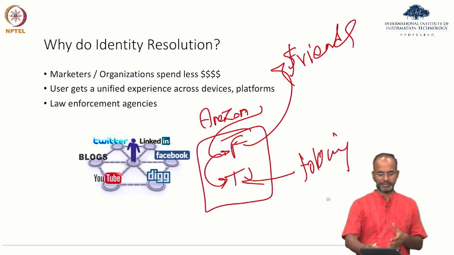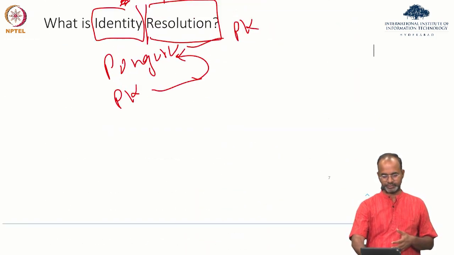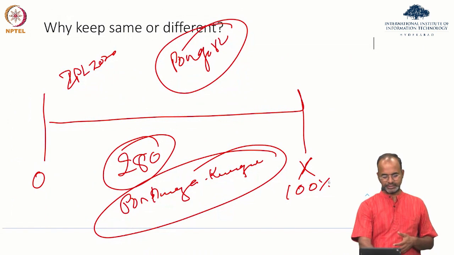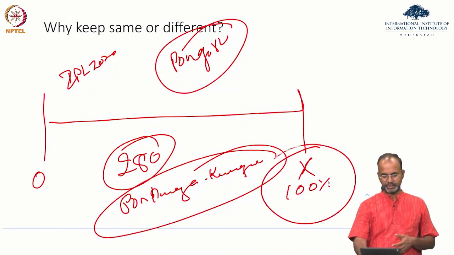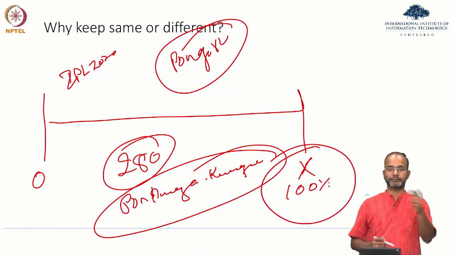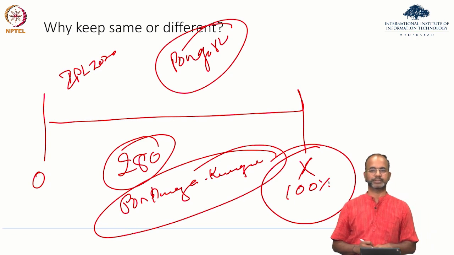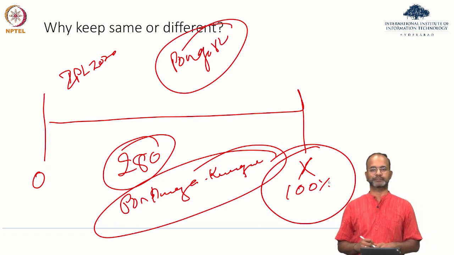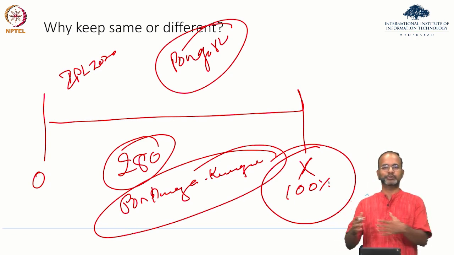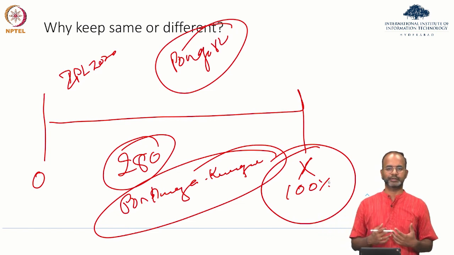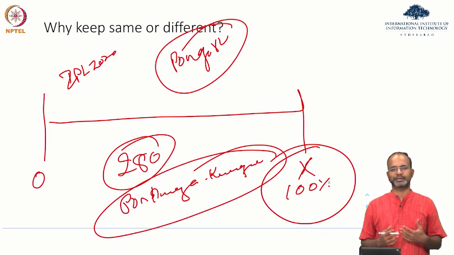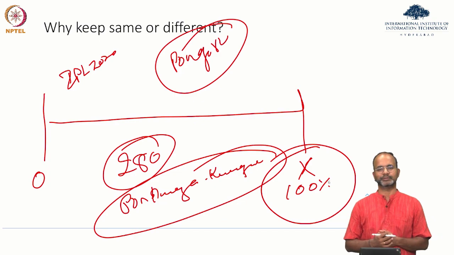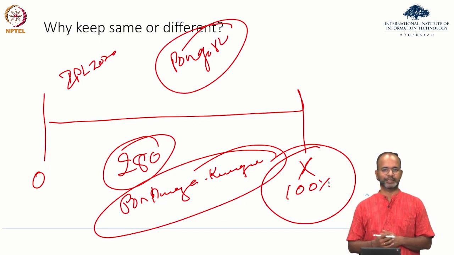Of course, going back to the point of the spectrum, this resolution will be harder for people who actually want 100% anonymity on these platforms. I consciously want to stay away from being resolved. Then for them, putting their handles together is probably not something they're going to like.